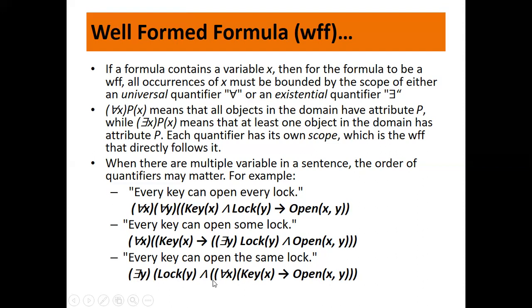And remember, with existential quantifier, we use the conjunction, the AND symbol. Now for all x, x is a key. All keys can open the same, a single lock, because you use this symbol, the existential quantifier. I hope you all are getting it.